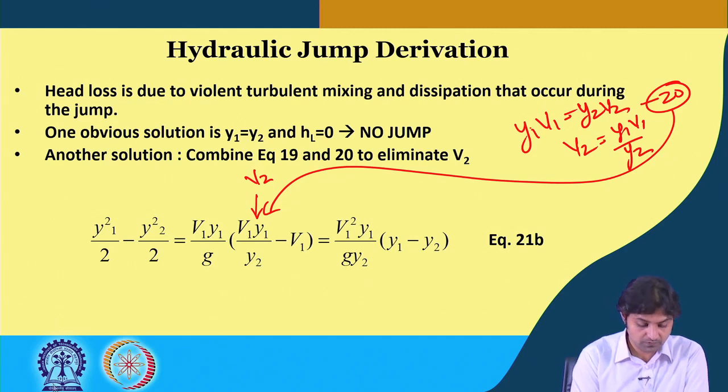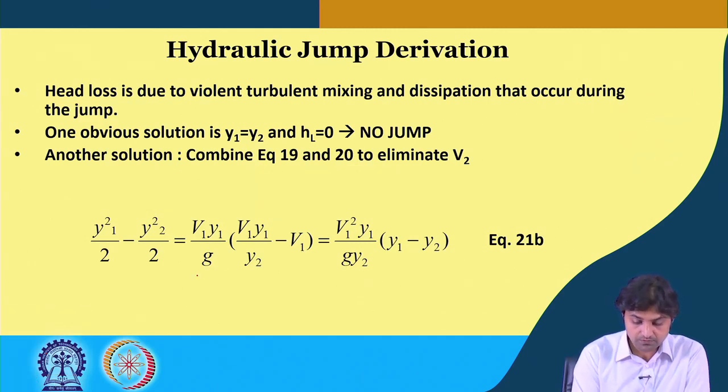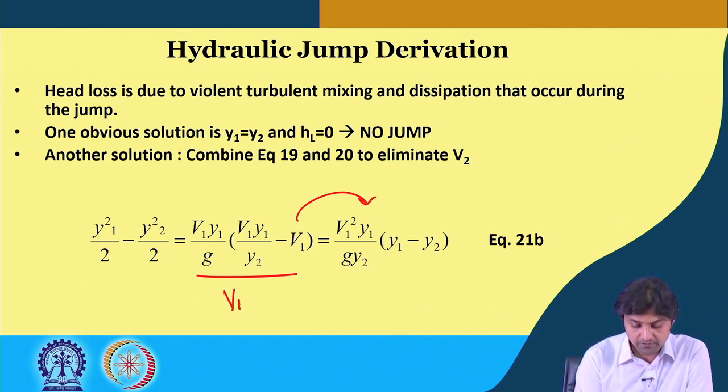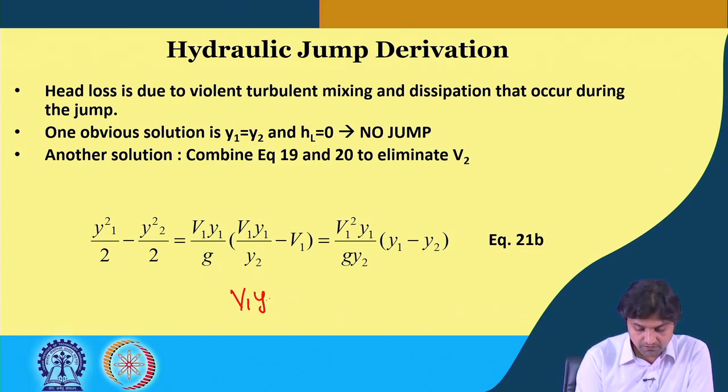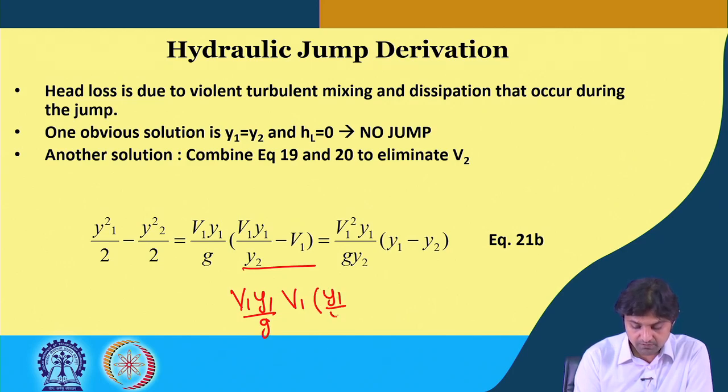So, I will just solve it out to show how to go from here to here. V1 y1 by g, and let us take V1 outside. This becomes y1 by y2 minus 1, and now multiply up and down both by y2.